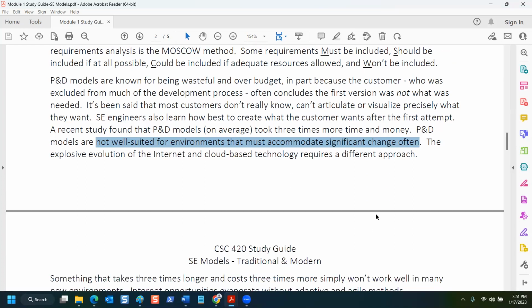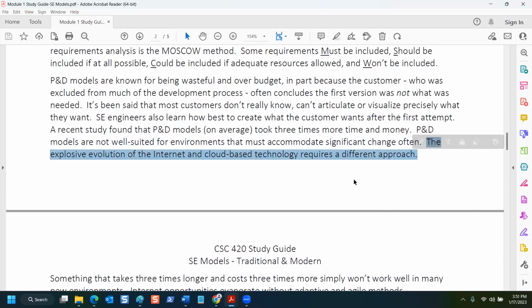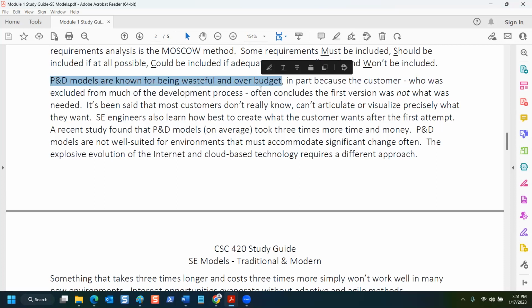Okay, so here's one of the things that changed all this. When the internet came about and cloud-based technology became popular, a lot of the traditional models that people depended on to develop solutions went out the window. They're like, you know what? I can do this in the cloud. I can do this for less, and we can adapt fast.